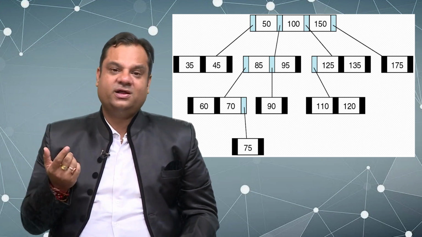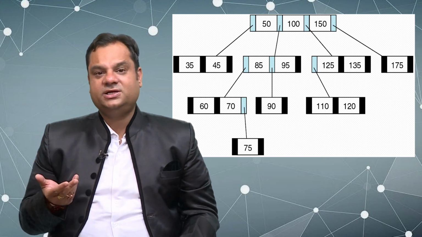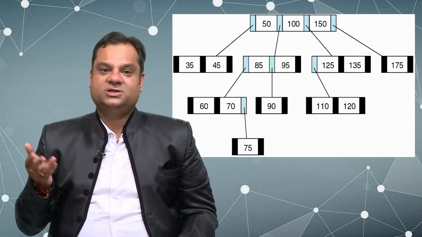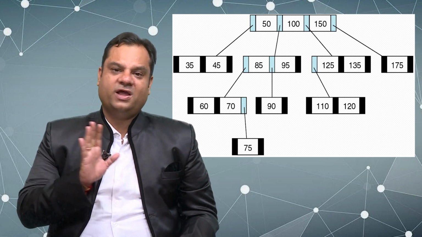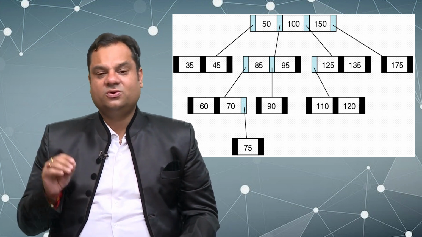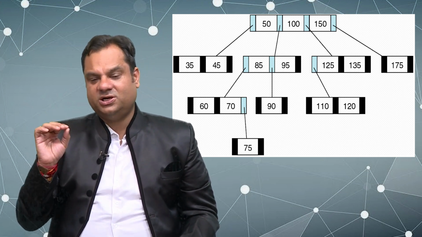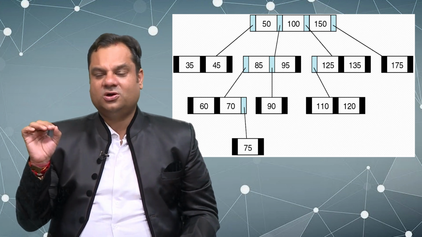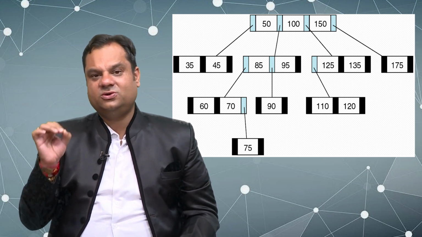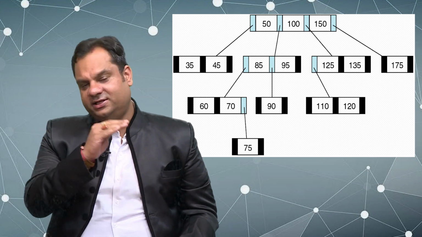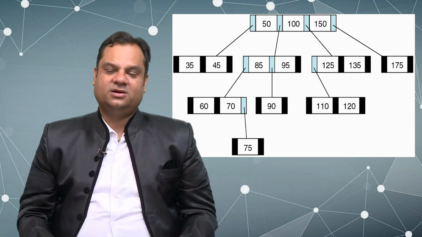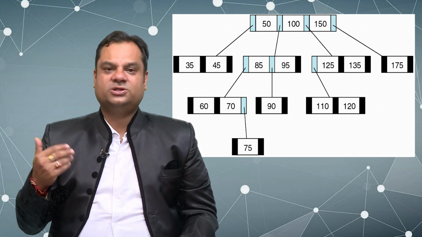If you insert more than 3 keys somewhere, it does not follow the property of an M-way tree. So you have a restriction, which is the order of M. Up to the order of M, you can insert a new item at the same level or in the same internal node. You can't insert more than the order of M children.